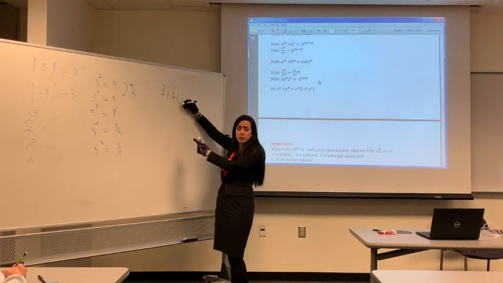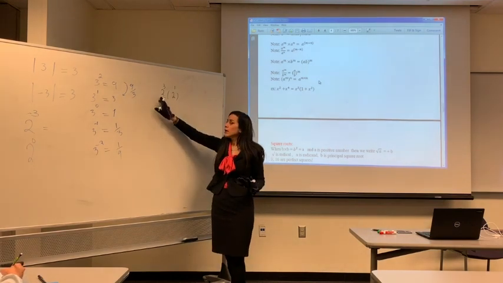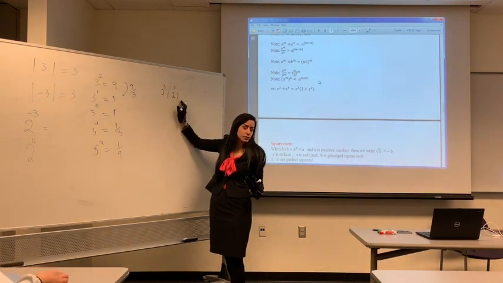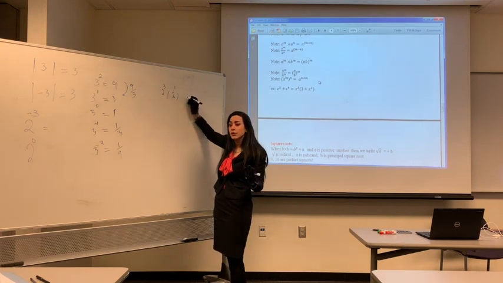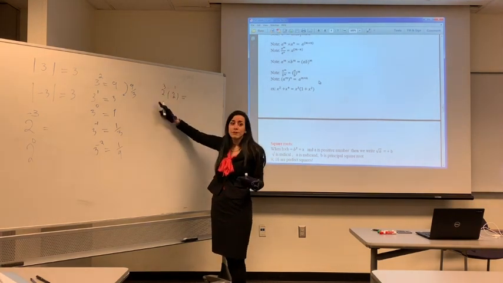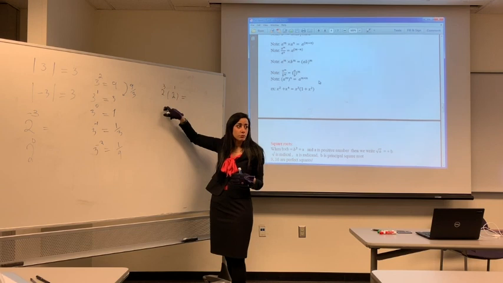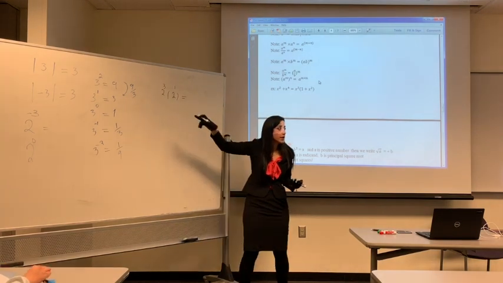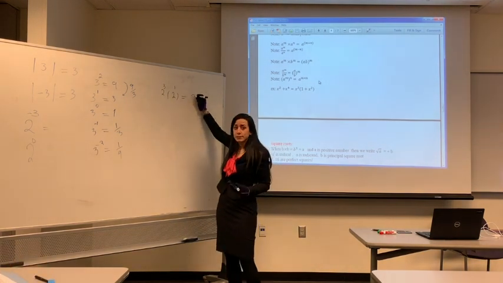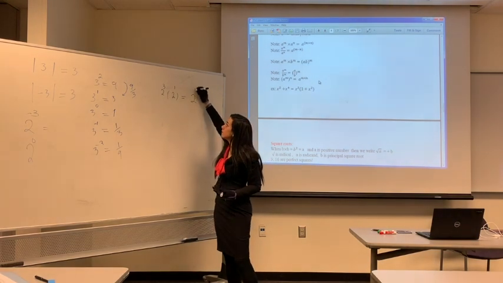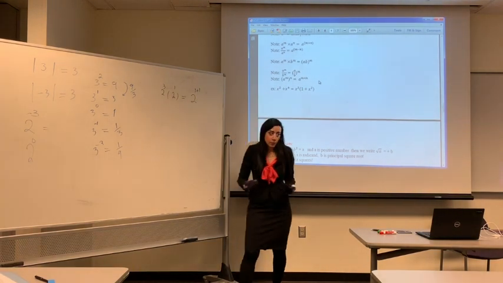In this way, it is easier than calculating this one, and then multiplying them, correct? But there is a rule for that. The rule says if the bases are the same, as you see, bases are both 2, correct? Keep the base and then add the exponents.